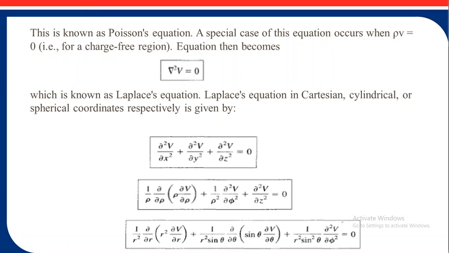The Laplace equation in different coordinate systems is on my screen: the first equation is for Cartesian, the second for cylindrical, and the third for the spherical coordinate system. These are the Laplace equations for different coordinate systems, in terms of V.